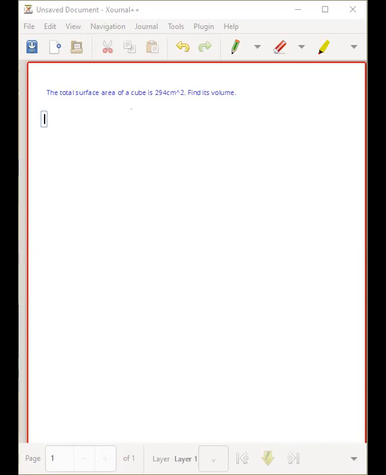Rishima, is this a cuboid or a cube? It's a cube. Right. So you know the formula for surface area of a cube? Yes. Okay, do it accordingly now.